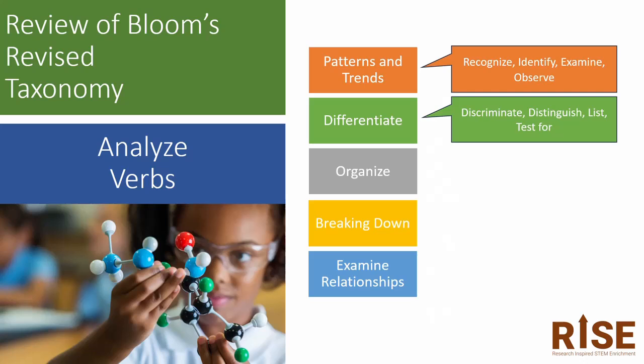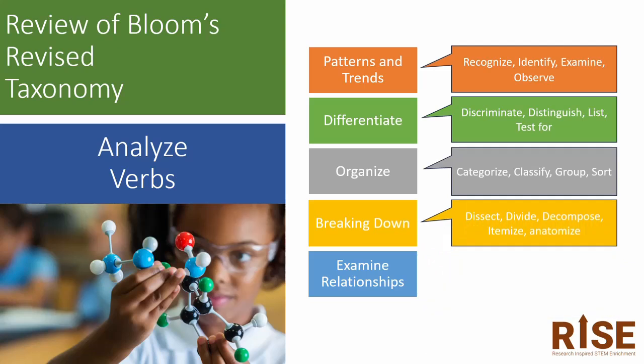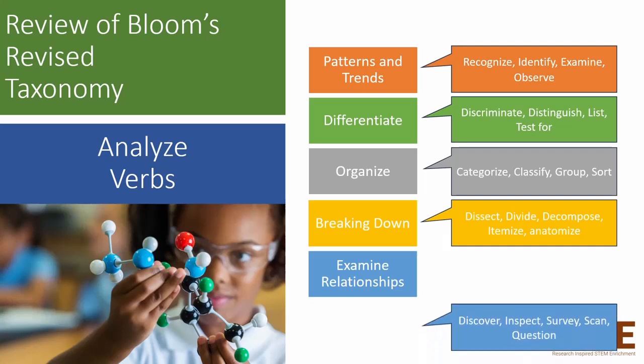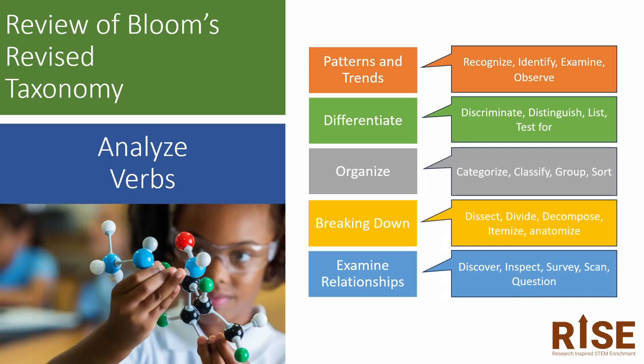To ask students to organize, use verbs such as categorize, classify, group, and sort. For breaking down structures and complex ideas, use verbs such as dissect, divide, decompose, itemize, and anatomize. For examining relationships, use verbs such as discover, inspect, survey, scan, and question.